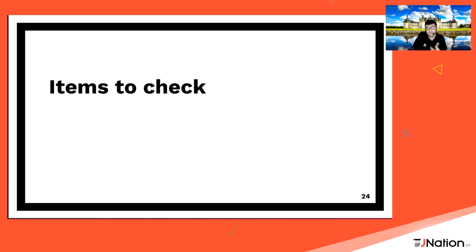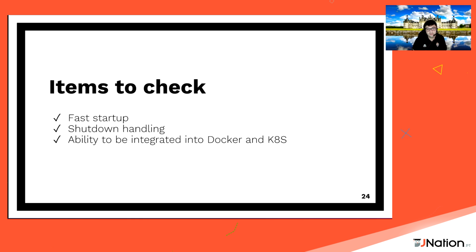So when you have to choose a solution, when you have to choose a platform, there are a bunch of items to check. First, the fast startup. It's very important. As I said before, the shutdown handling. You must have this feature out of the box. The ability to be integrated into Docker and Kubernetes.